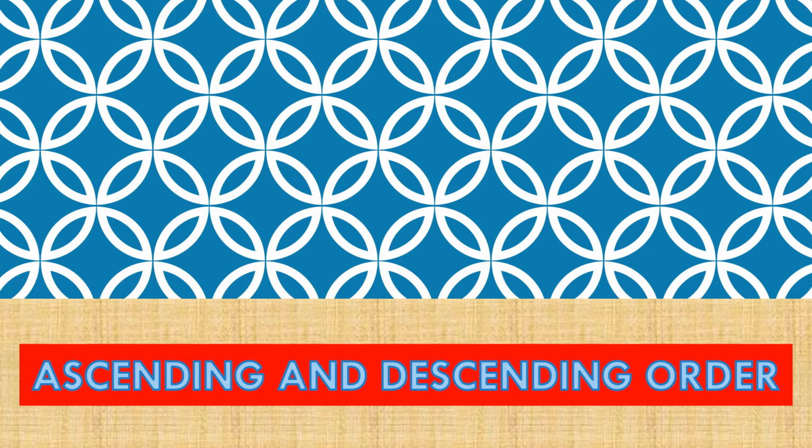In ascending order, we place objects in such a manner that they are placed from smaller to bigger. While in the descending order, it's the opposite. They are placed from bigger to smaller.